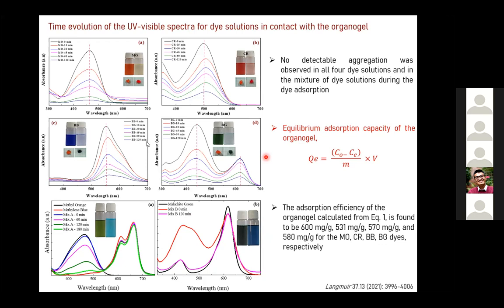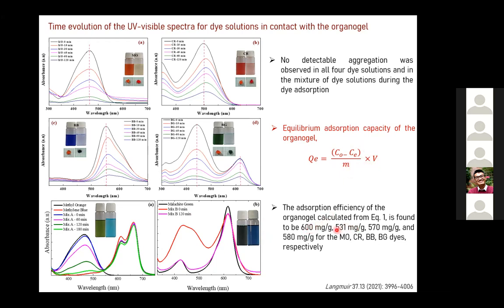And we also calculated the equilibrium adsorption capacity of the organogel. We found it using this expression, where C0 is the initial concentration of the dyes, and this is the equilibrium concentration. This is how much organogel we have taken and the volume of the dyes.